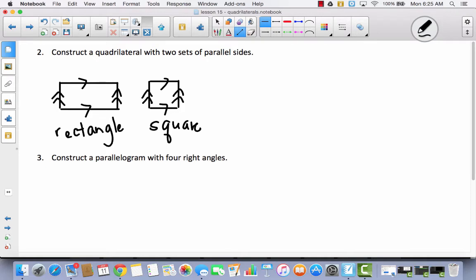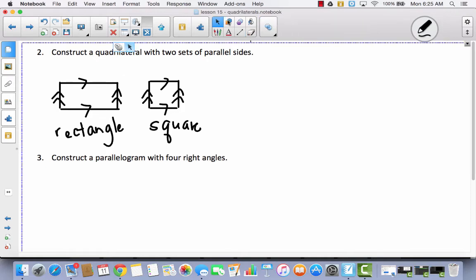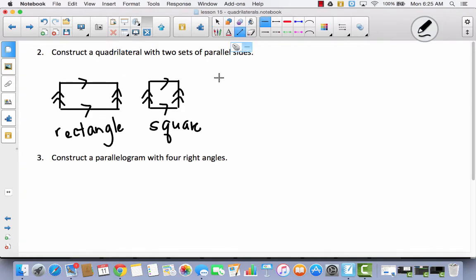And then, what about the parallelogram? And then we also have the rhombus. I'm going to go ahead and draw it too.